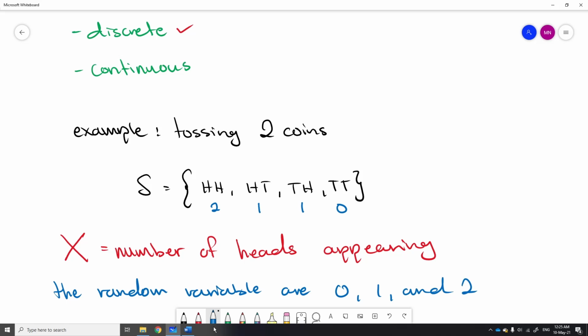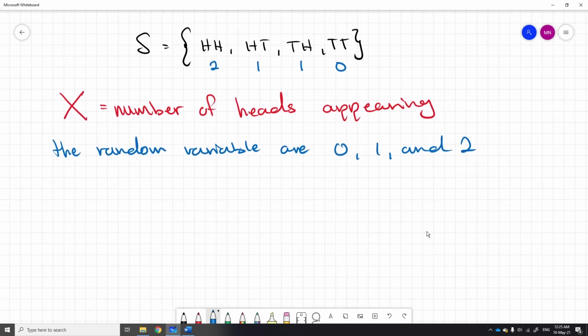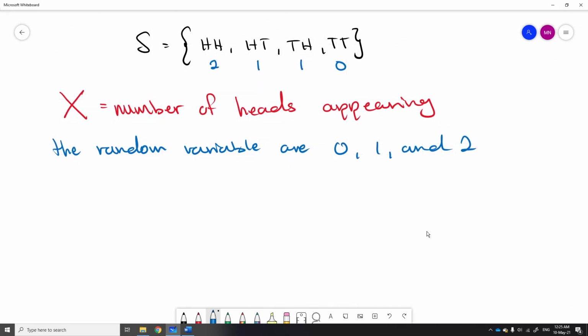Since x is the number of heads appearing, we count the heads in our sample space, and there could be 0 heads, only one head, or 2 heads. This is a simple example of a random variable.